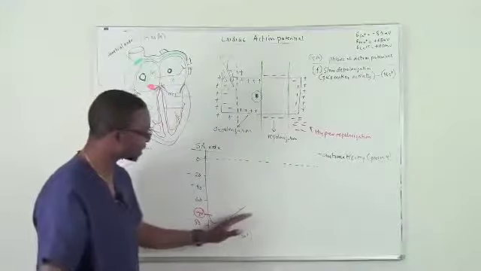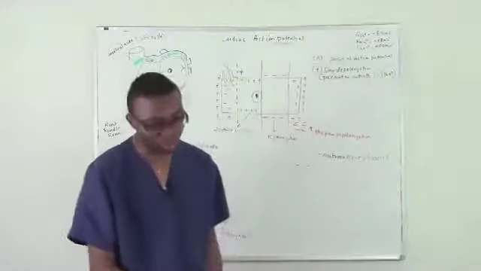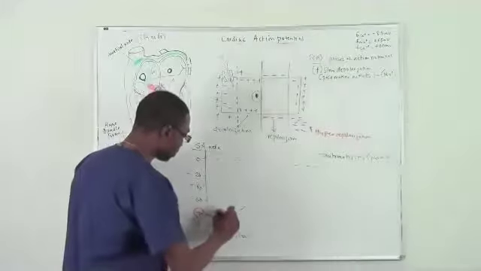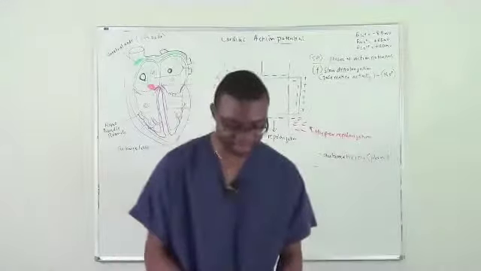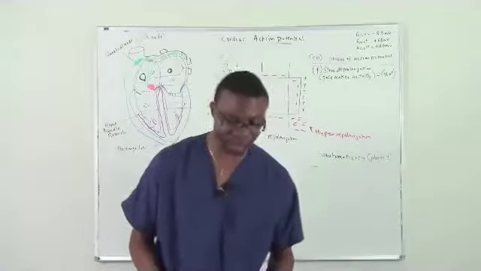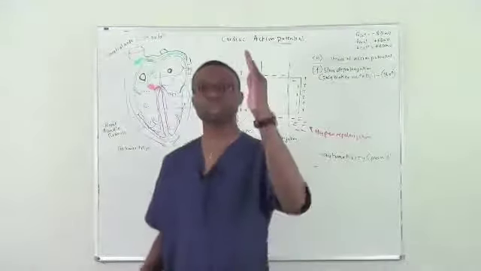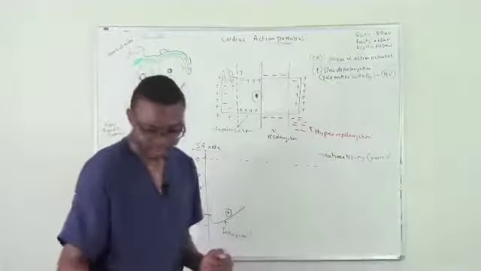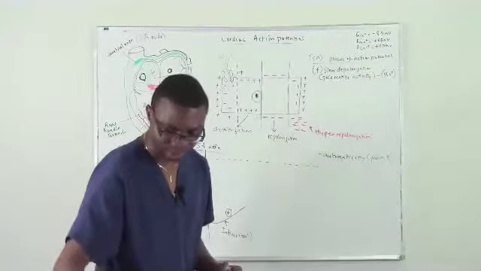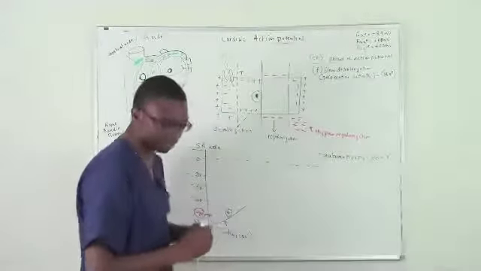Now, once this depolarizes and it starts to go up, we are going to go into phase 0. So this is phase 4 of the SA node. We are now going to go into phase 0. Well, phase 0 is known as the upstroke potential of the SA node. Action potential. So let's use a different color for that.